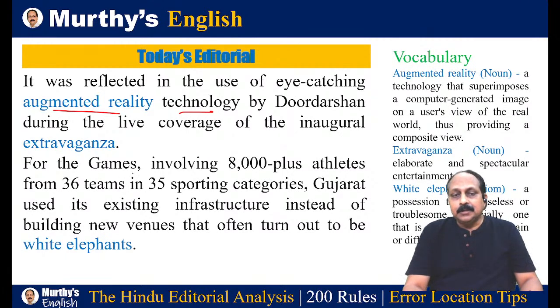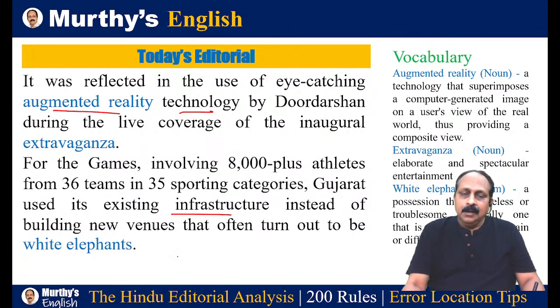For the games, Gujarat state did not construct new stadiums. Instead, this particular event involved 8,000 plus athletes from 36 teams in 35 sporting categories. Gujarat used its existing infrastructure, not new ones, instead of building new venues that often turn out to be white elephants.